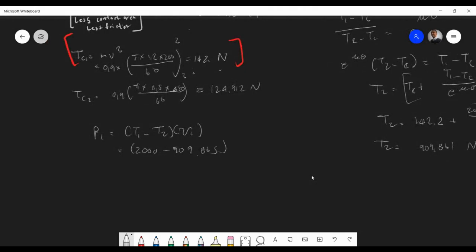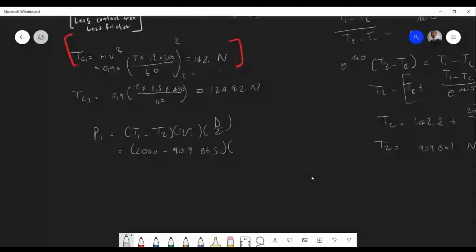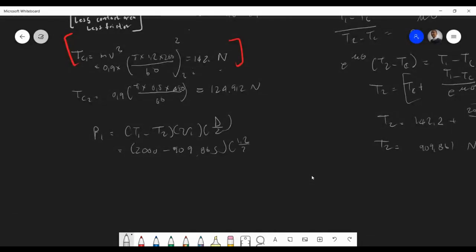Oh, it's T1 minus T2, and don't forget D over 2, to make a torque. Once we have this, we have to multiply by D over 2. On P1, it's 0.6, so that's 1.2 divided by 2. Obviously, this is now force times radius, and now we can multiply by the velocity.